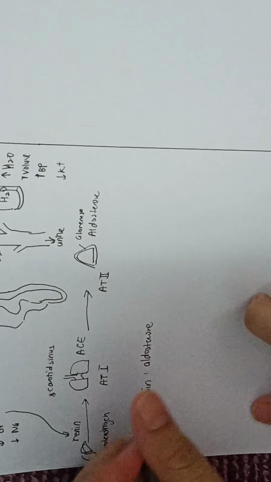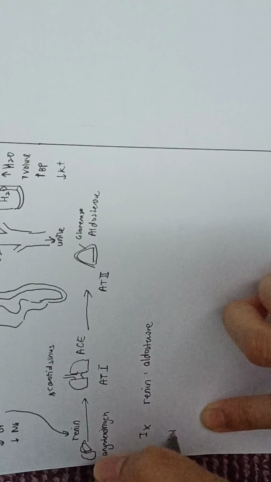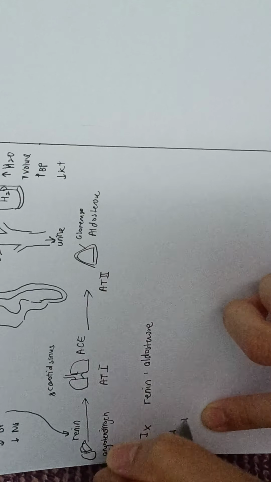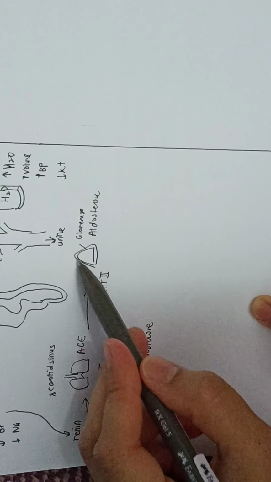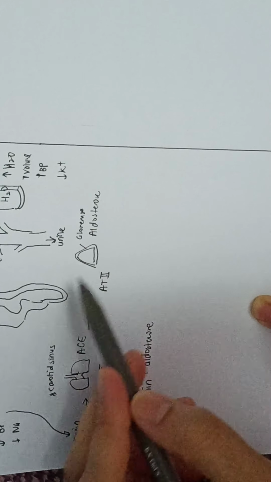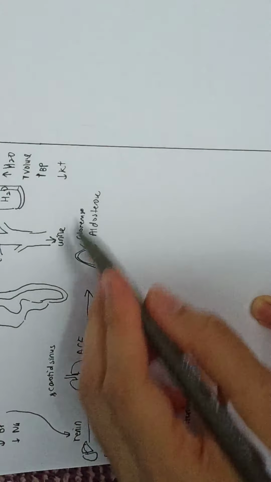In primary aldosteronism, when there is a secretion of aldosterone primarily from the glomerulosa layer, the aldosterone will be high in regard to the renin, so renin might be low.